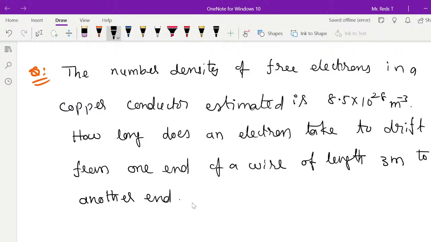The area of cross section of the wire, area A, is given as 2 into 10 to the power minus 6 meter square, and the current passing through the conductor, I, is equal to 3 ampere.